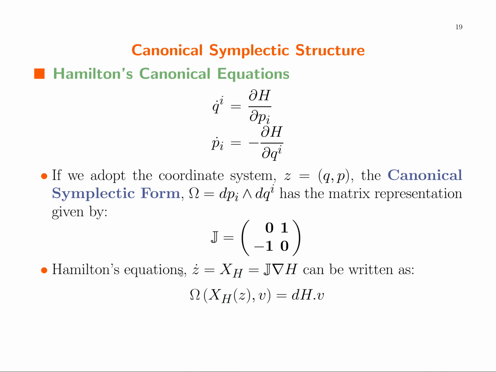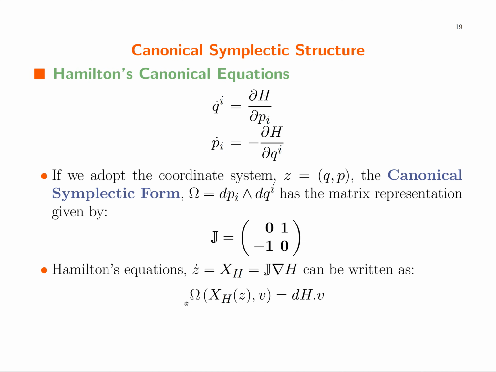So it turns out that you can write down Hamilton's equations, expressed in terms of z dot, in terms of a Hamiltonian vector field, which is this symplectic matrix J multiplied by the gradient of the Hamiltonian.